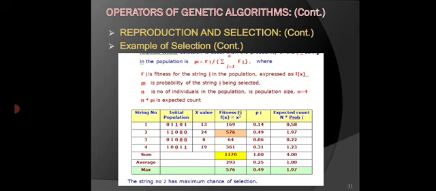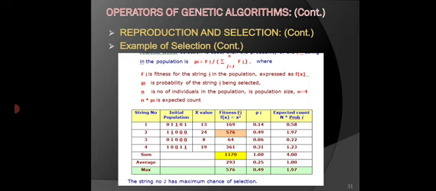So we have 4 strings. For them we have binary encoding like this, and that encoding represents the value of x as 13, 24, 8 and 19. Put these values into f(x) = x square. So we get the values of f(x) as 169, 576, 64 and 361.